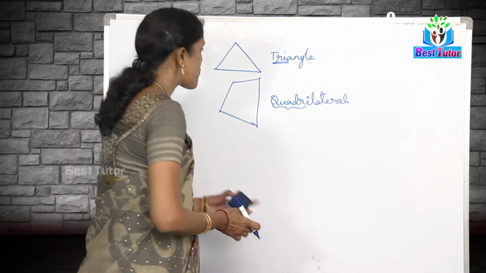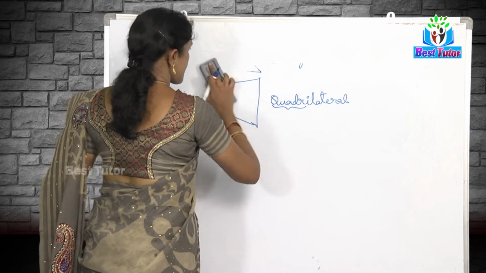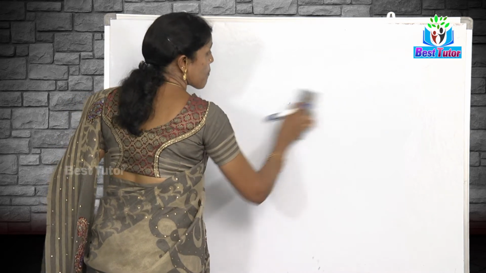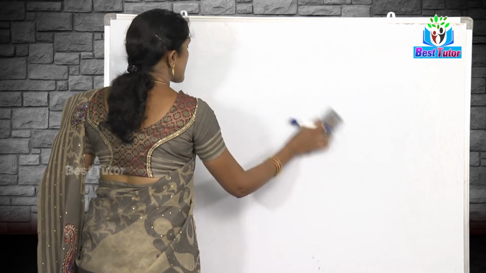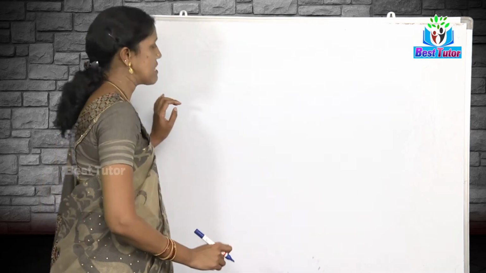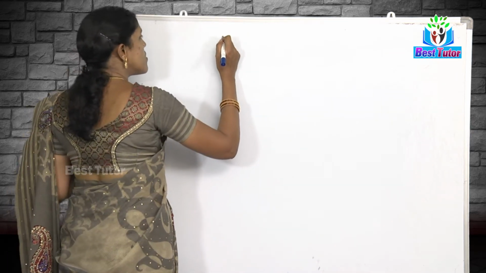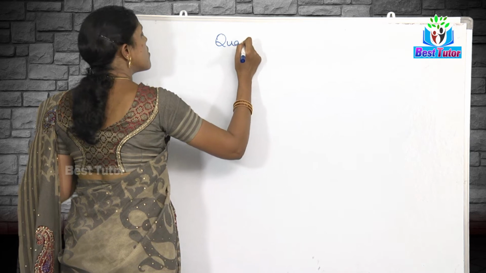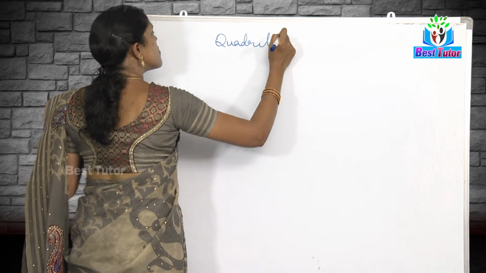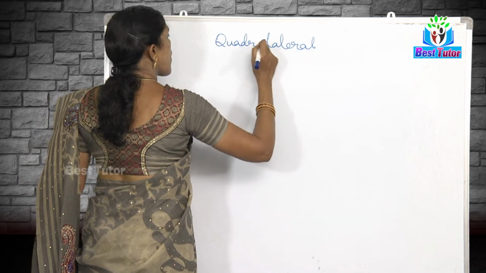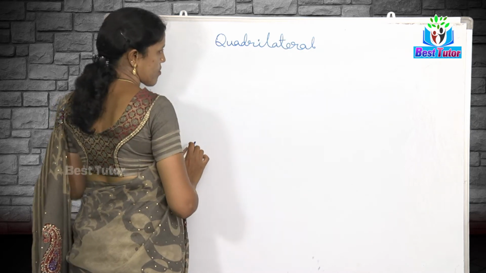What are the types of quadrilaterals? What are the properties of quadrilaterals? We are going to deal with all this in detail, one after the other. So, it is a closed figure bounded by four line segments.